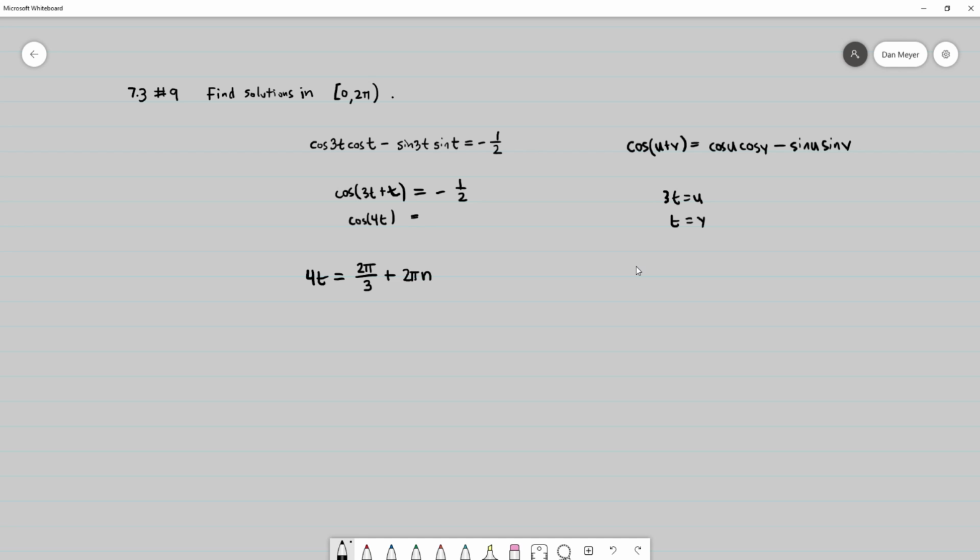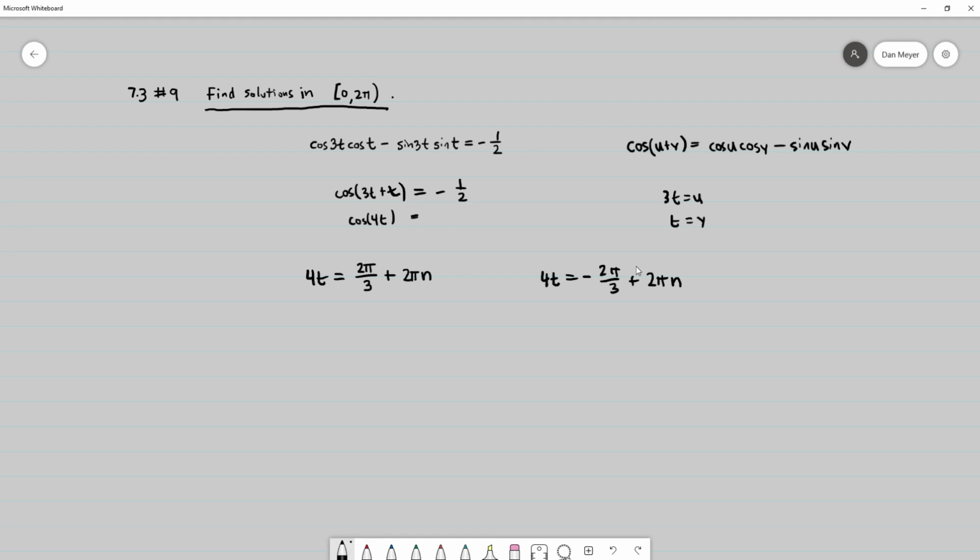The other branch, 4t, would be negative 2 pi over 3 plus 2 pi n. That gets me the solution in the third quadrant. That's the nice thing about cosine: you can always find your second branch by doing minus the first branch.